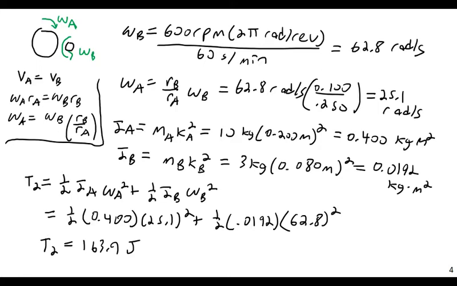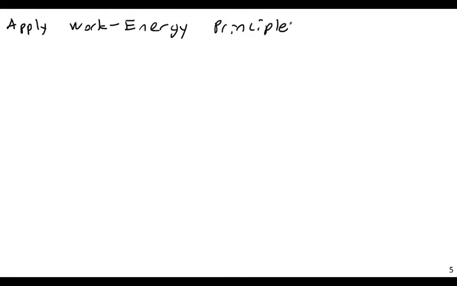Next, I want to apply the work energy principle. This states that T1 plus U from 1 to 2 is equal to T2. So our initial kinetic energy plus all the work put in from 1 to 2 is going to equal the kinetic energy at point 2.